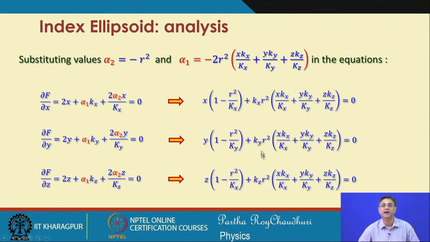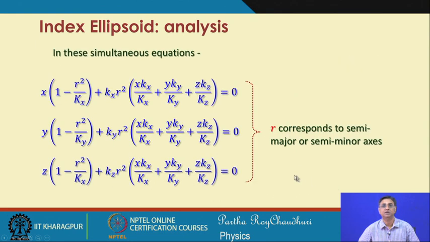So, again I get a set of 3 equations corresponding to the 3 extremum conditions. These 3 equations will constitute the eigenvalue equation. So, this R corresponds to the semi major and minor axis in this set of 3 simultaneous equations. You can see R square appearing everywhere, here also R square.